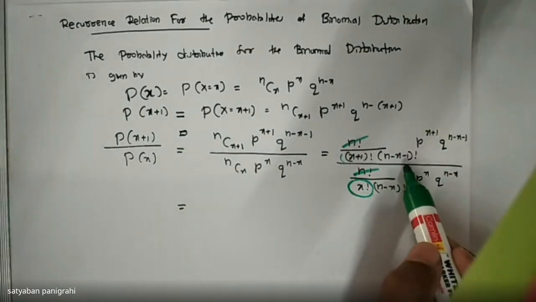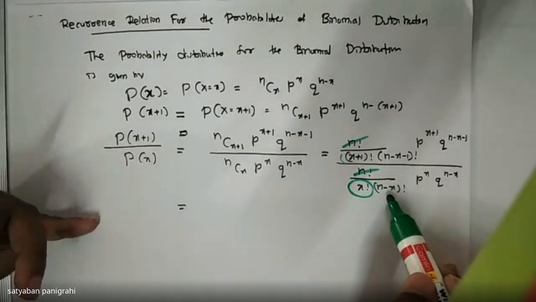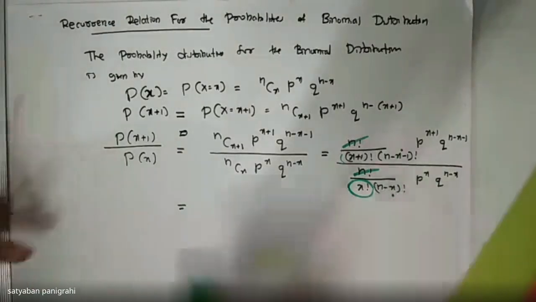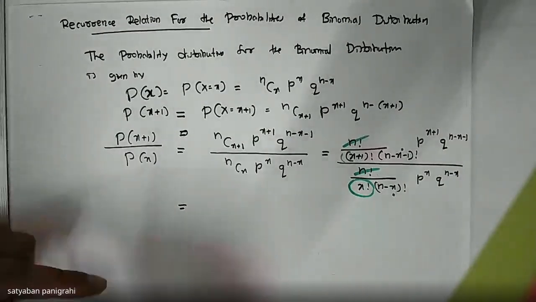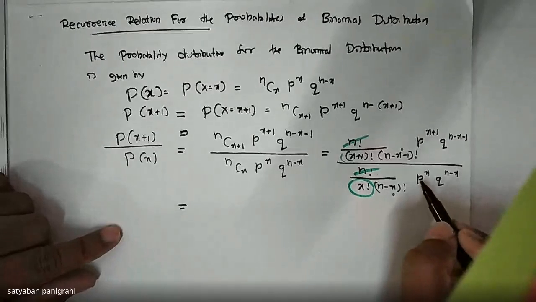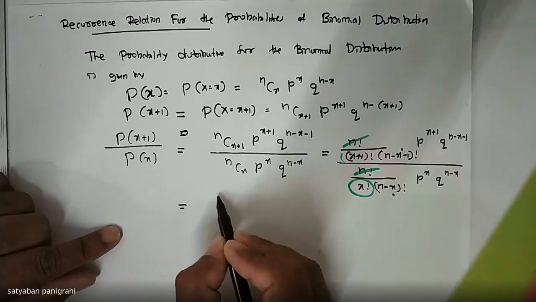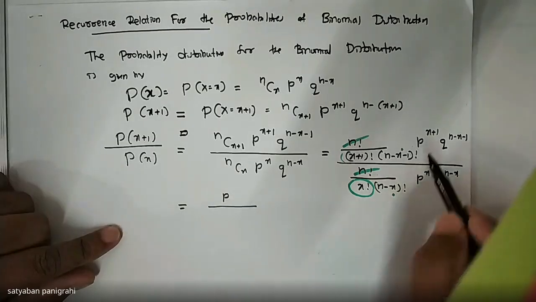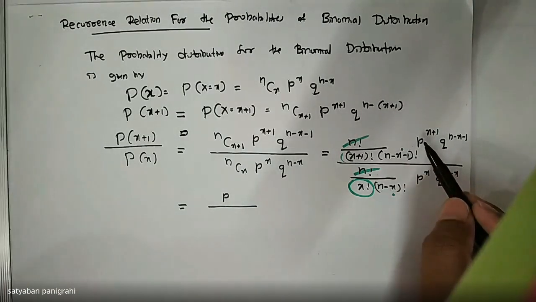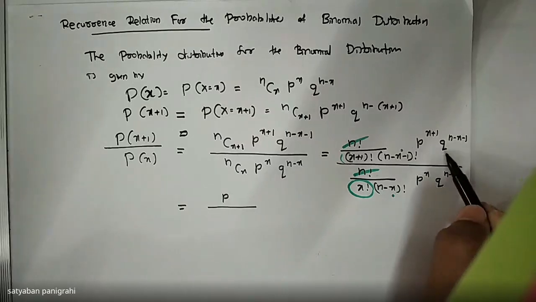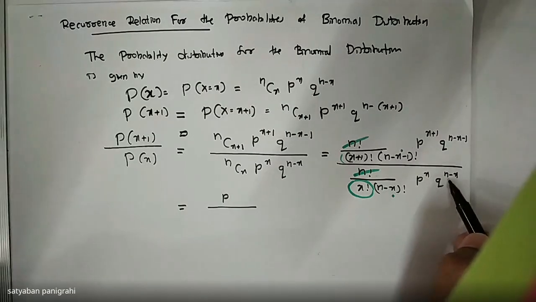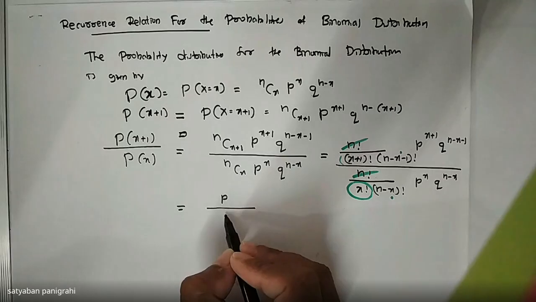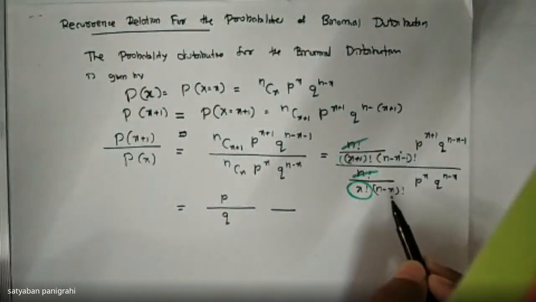Now n minus x minus 1 factorial and here n minus x factorial, so this cancels and this remains. And p to the power x plus 1 over p to the power x, so p will remain. Here n minus x minus 1 and here n minus x, so q will remain in the denominator. And above, see, this cancels.